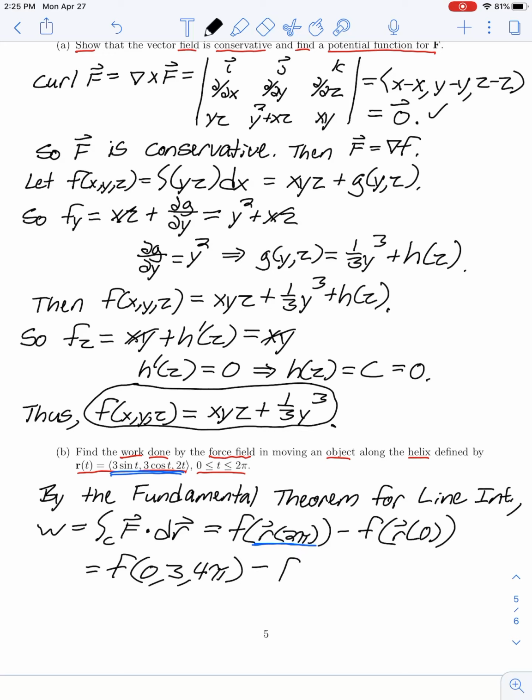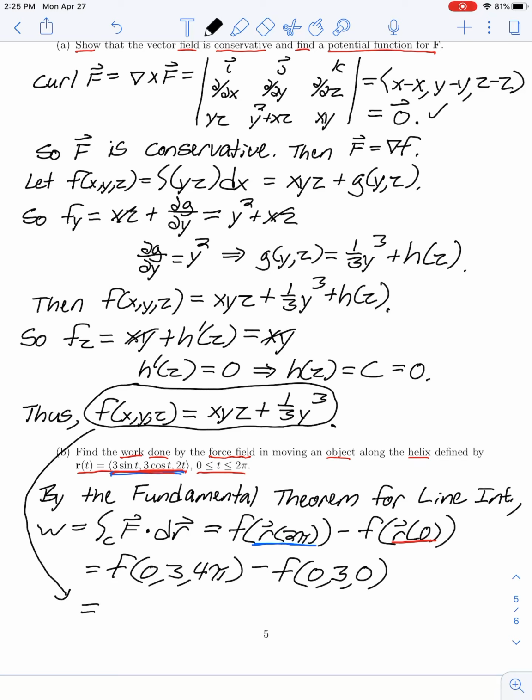And then we subtract what we get when we plug in 0 for t to our vector function. So plugging in 0 for t in this vector function r of t, which defines our curve, we have the point 0, 3, 0. So let's see what we get when we evaluate the potential function that we found from part A at this first point.